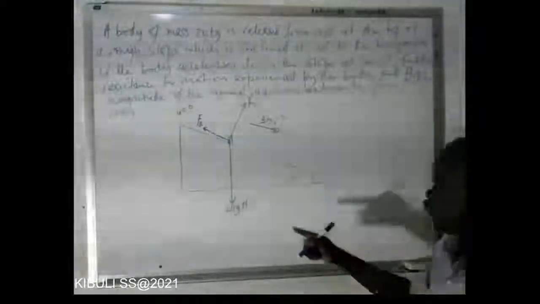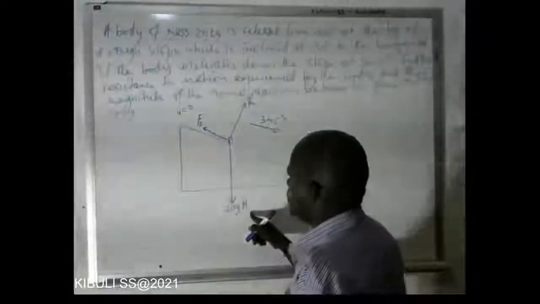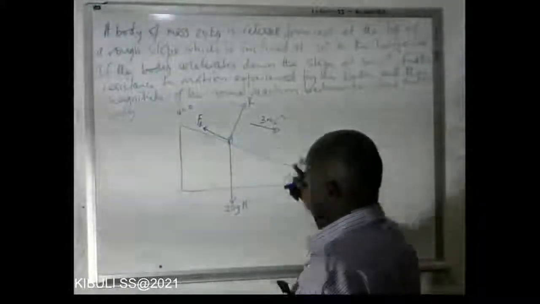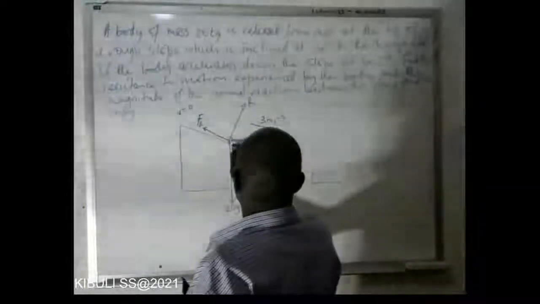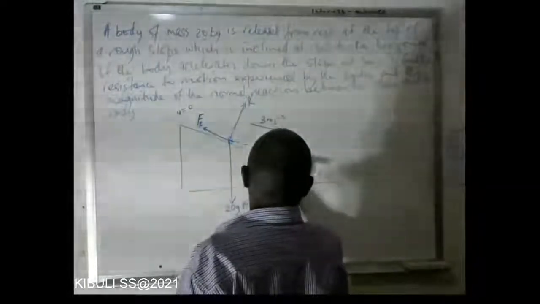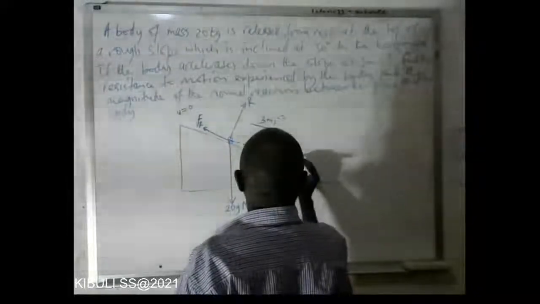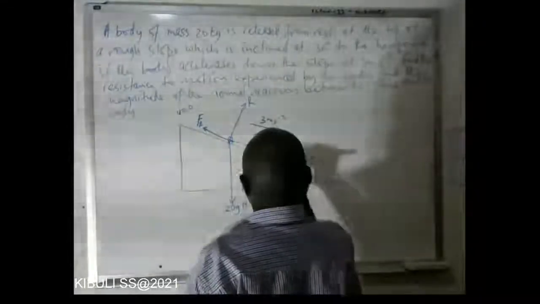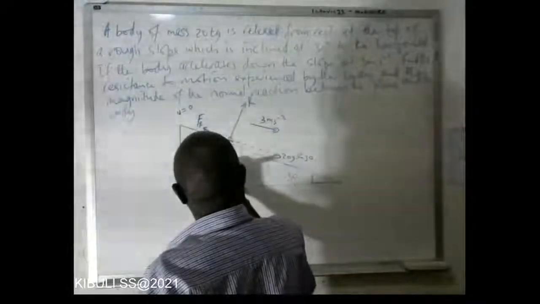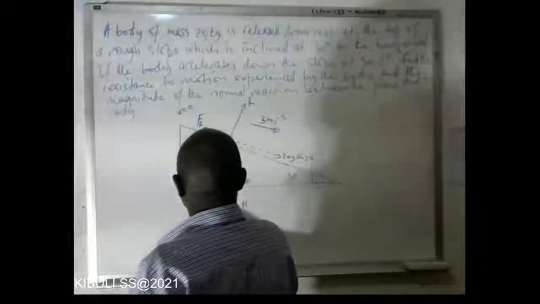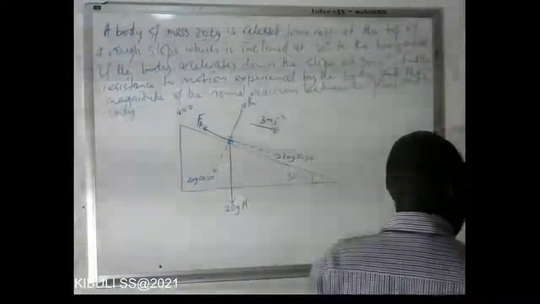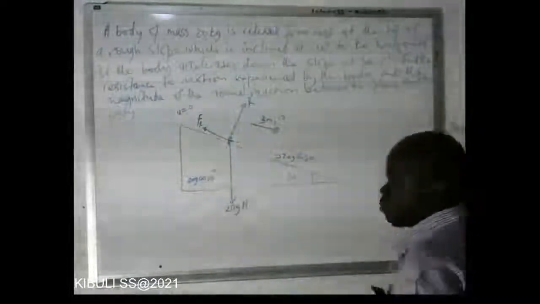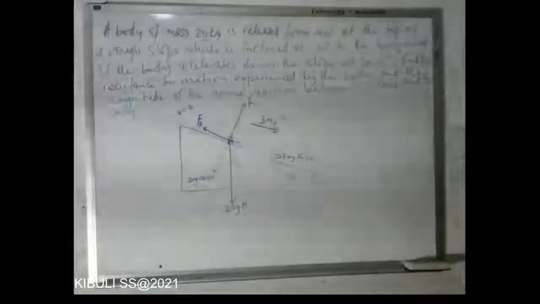Now let's split the weight into two parts: the first along the plane, and the second perpendicular to the plane. So we have this component along the plane, 20 G sine of 30. Then this component, which is perpendicular to the plane, is 20 G cosine of 30.